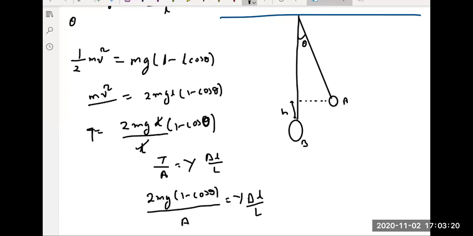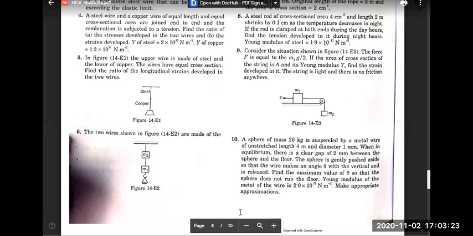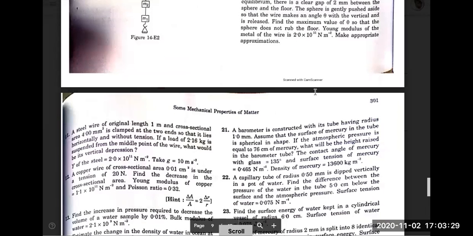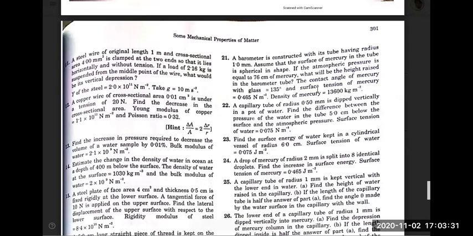Okay, next question, which was the next problem? So question number 10, clear, I hope, right? Next was after 10th. After that, which question? Wait, let me check.